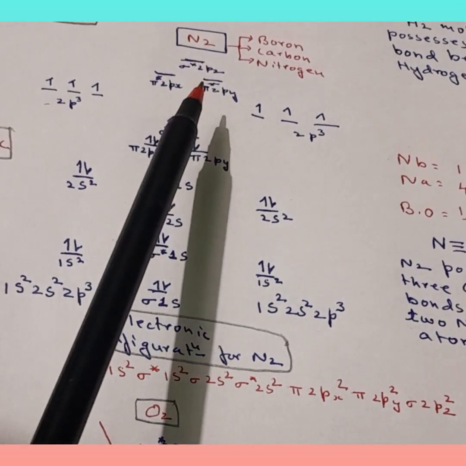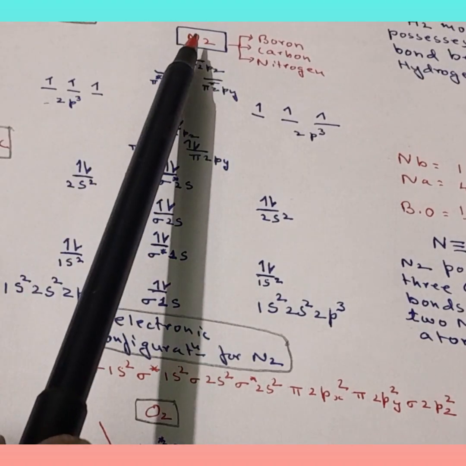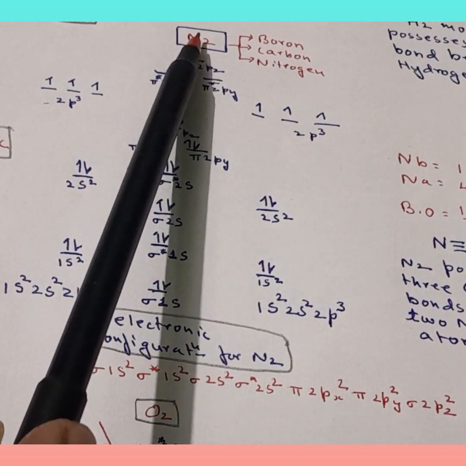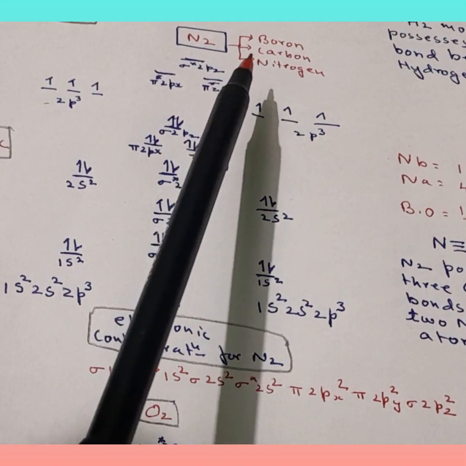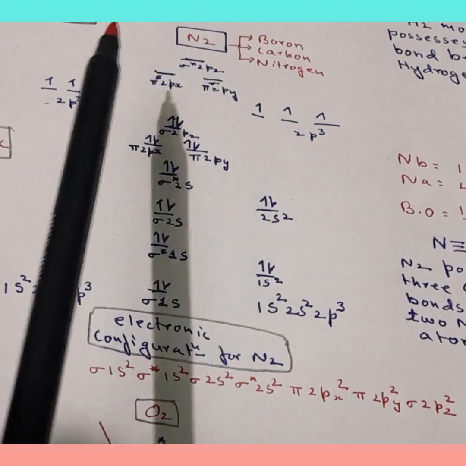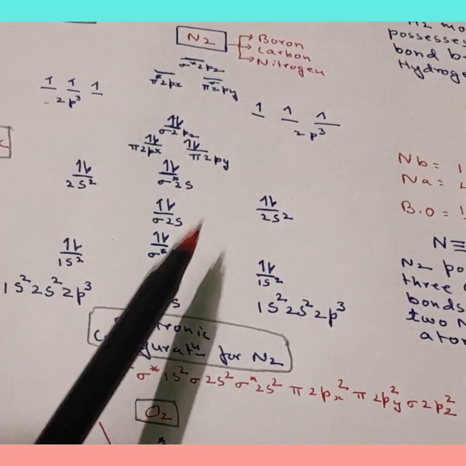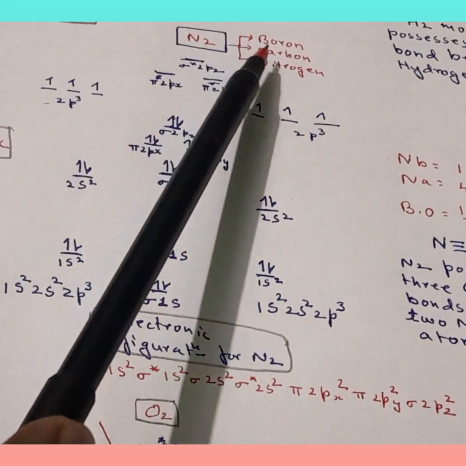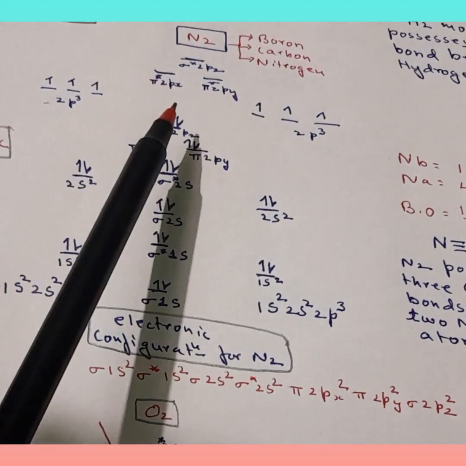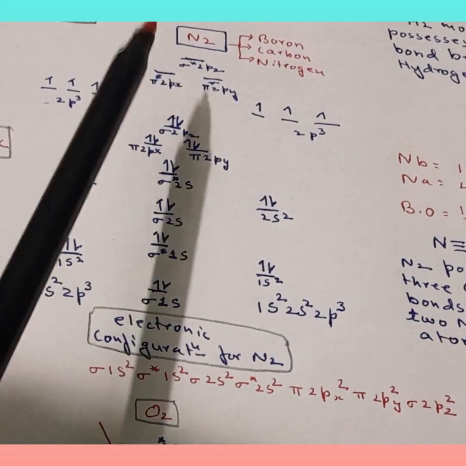So what we have got to keep in mind is, not only in case of nitrogen, but also in case of B and C, the arrangement of molecular orbitals would be like this in case of boron, carbon and nitrogen. Alright. So we got these orbitals.